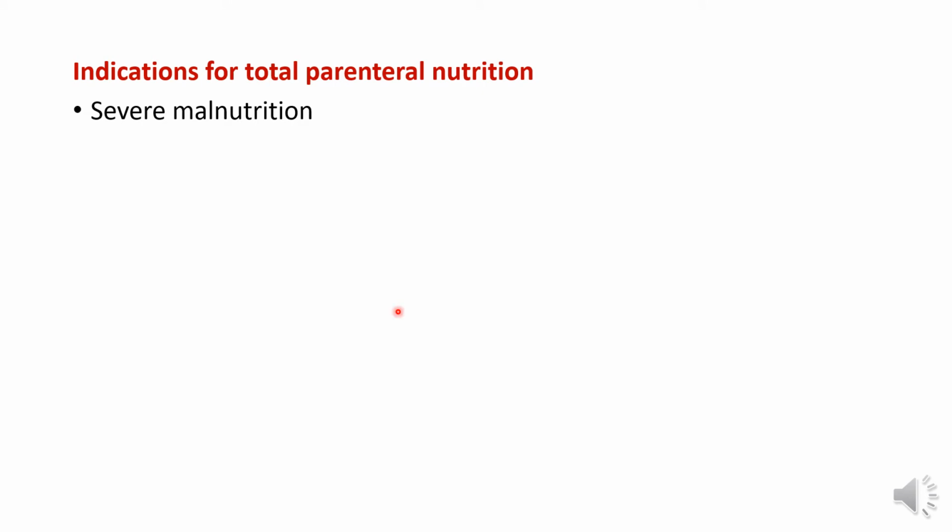Indications for total parenteral nutrition: severe malnutrition. In severe malnutrition, if you want to rapidly correct the nutritional deficiency the patient has, let's note that total parenteral nutrition is given to rapidly correct any form of nutritional deficiency. It is not given for a long time. It's given for a short duration, usually to rapidly correct nutritional deficiencies that may be present.